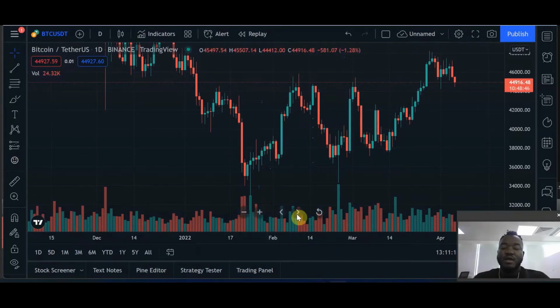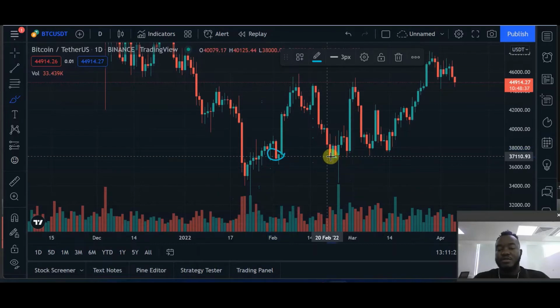Where we have an area of value, that is our point of interest. Right here, this is our point of interest, this is our point of interest, and this is a point of interest. Point of interest works with the 1 day chart and the 4-hour chart. Using the 1 day chart, you will determine what will happen in the next few days.